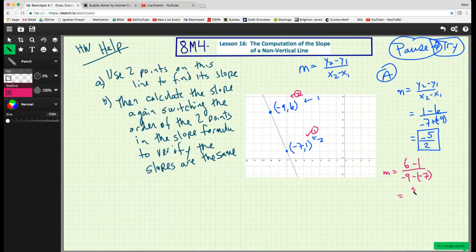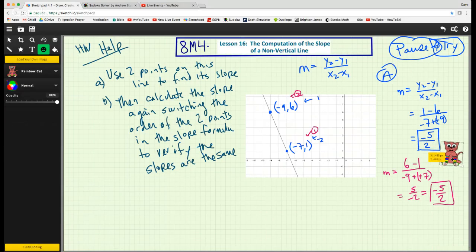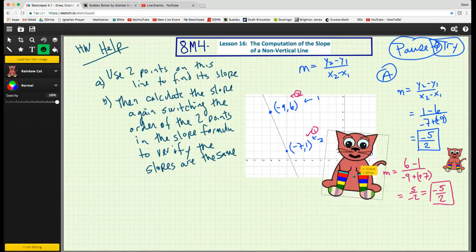So that's equal to 5 over -2, which is not simplified yet because negatives can't be on the bottom. So that's equal to -5/2. And we are going to happy cat that one because we got the same answer.